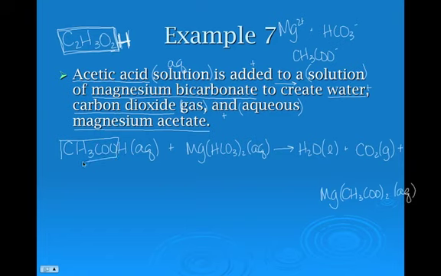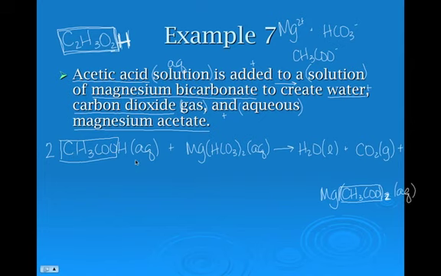We have a CH3COO on both sides. So I'm going to balance those guys as polyatomic ions. So I have 1 CH3COO on the reactant side, and I have 2 CH3COOs on the product side. So I'm going to put a 2 out front of my acetic acid. And now I no longer have to deal with what is in these boxes.